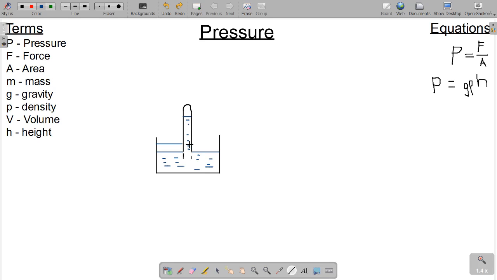And here the water level will rise. And essentially here you actually create a vacuum because air can't enter here.